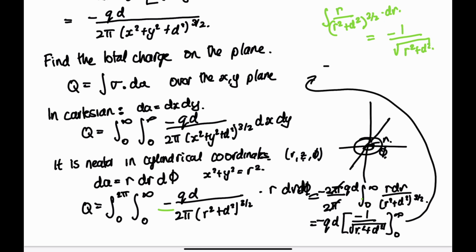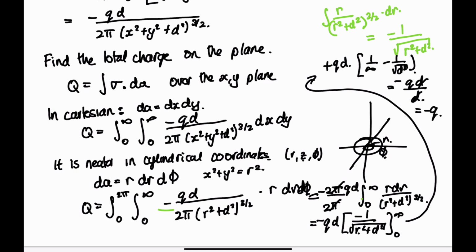This is equal to minus Qd. Well, let's put it plus Qd and get rid of that. And we've got 1 over infinity minus, when we put in r equals 0, the square root of d squared. So this is equal to Qd over d, and so the answer is equal to minus Q.